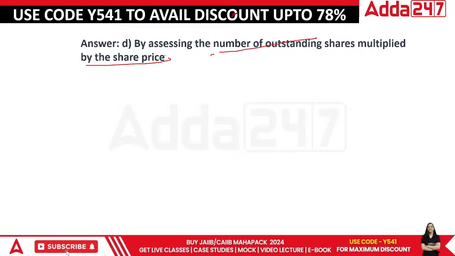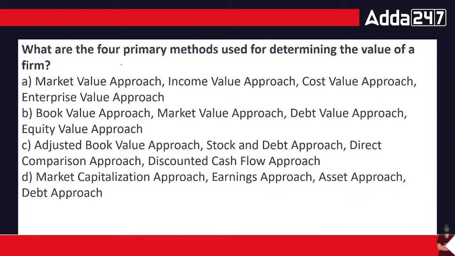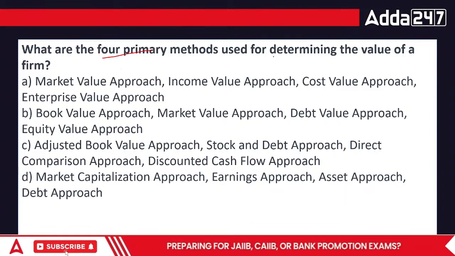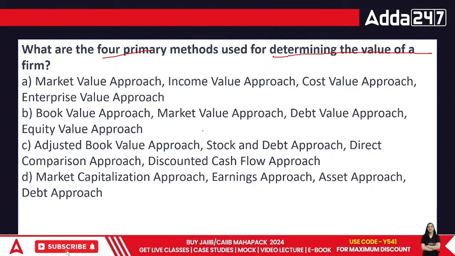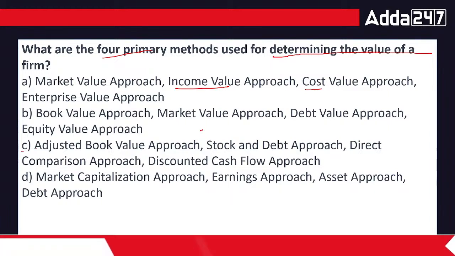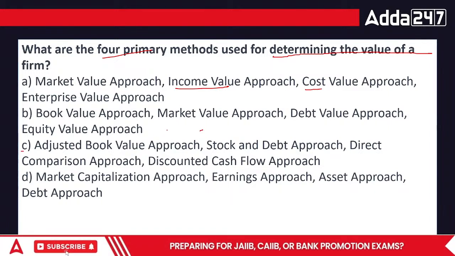What are the four methods used for determining the value of a firm? Market value approach, income value approach, cost value, and enterprise value. Book value, market value, debt value, and equity.